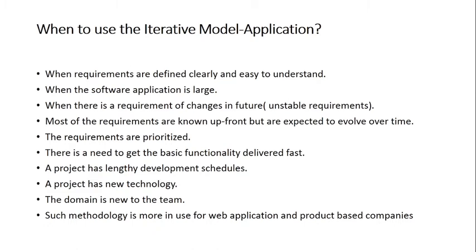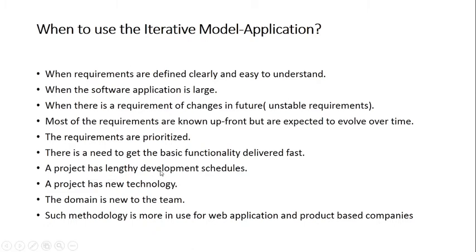So this is how we can prioritize the requirements as per the timeline it is required, and we can ask the customer to develop as per the prioritization done. There is a need to get the basic functionality delivered first. Basic functionality means core modules are supposed to be developed and delivered first. Then the secondary modules, the associated ones which are not the core ones, can be delivered later on.